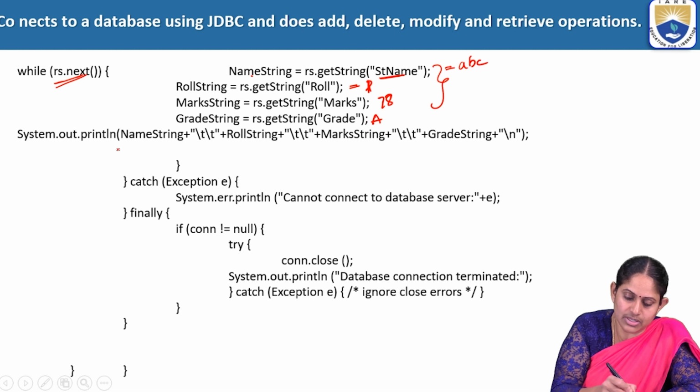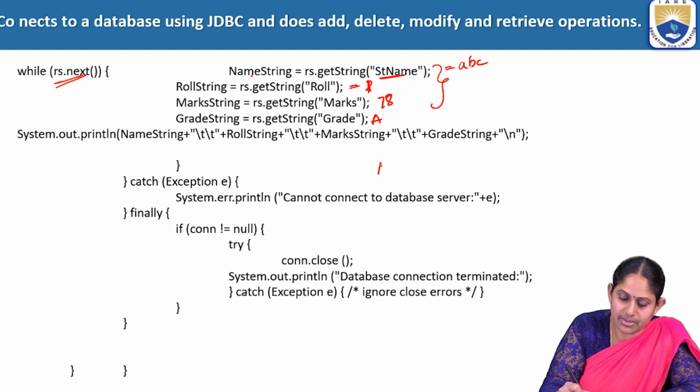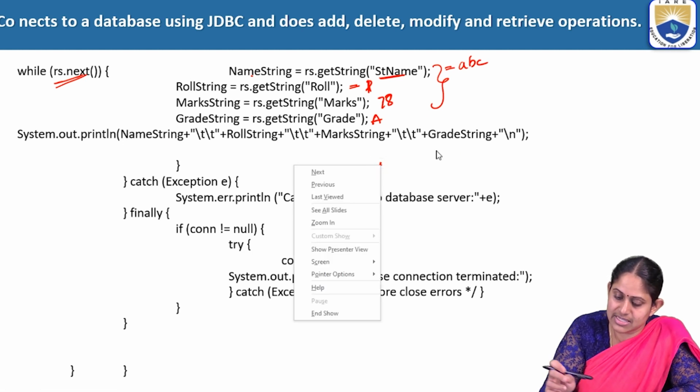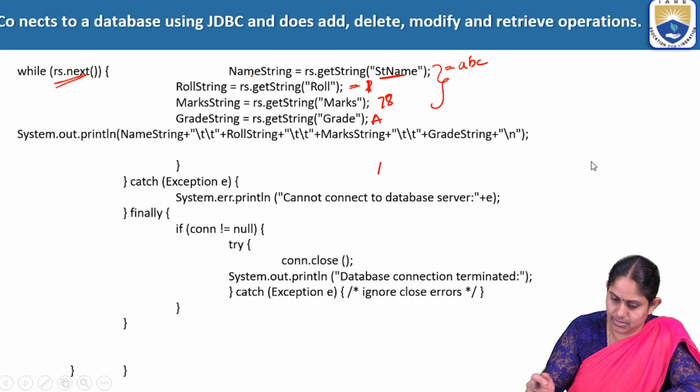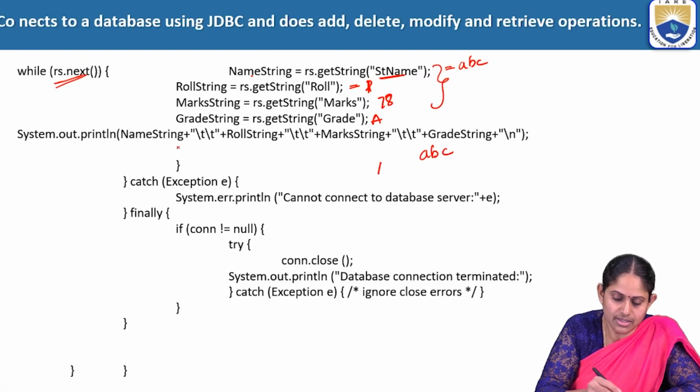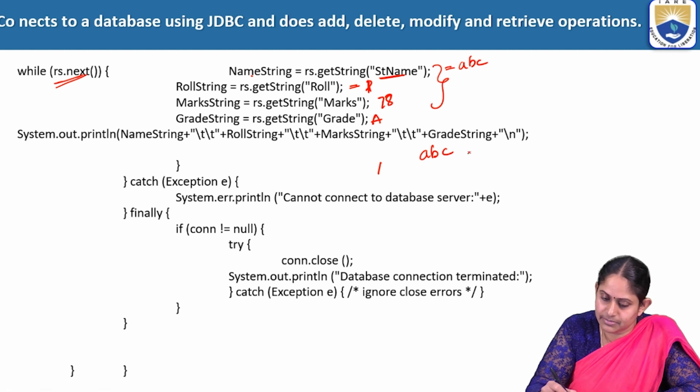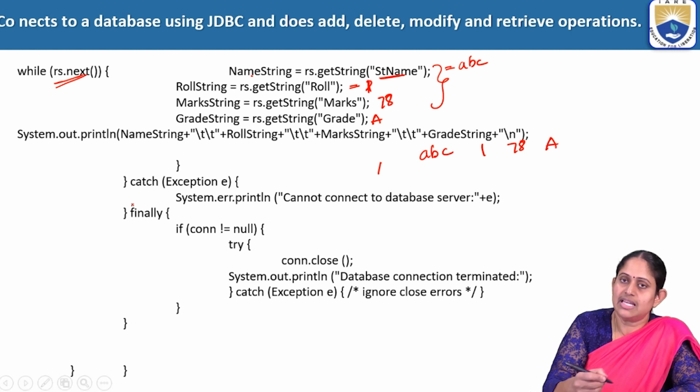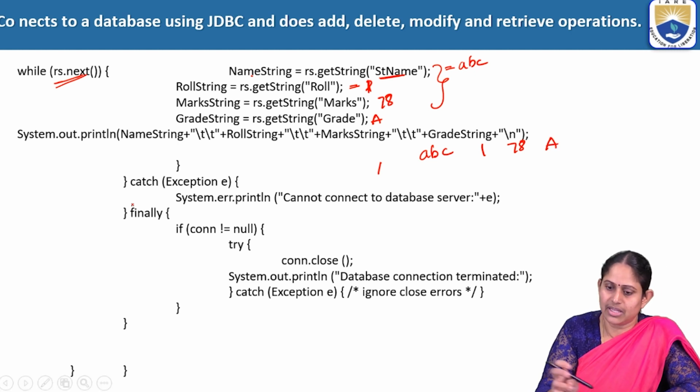So when you display it, you get ABC, 1, 78 and A. Now, since there is one more line in the result set, it will go to the next line.